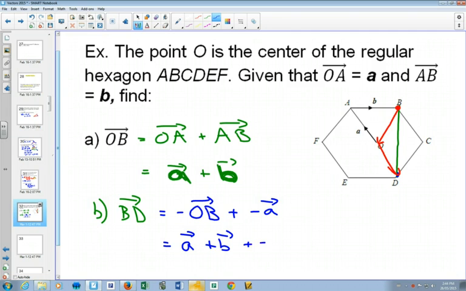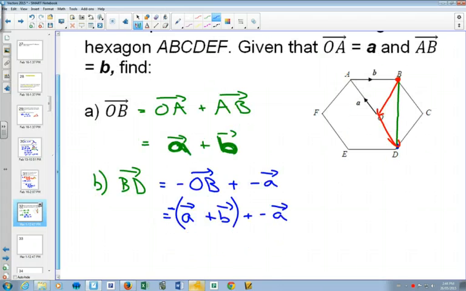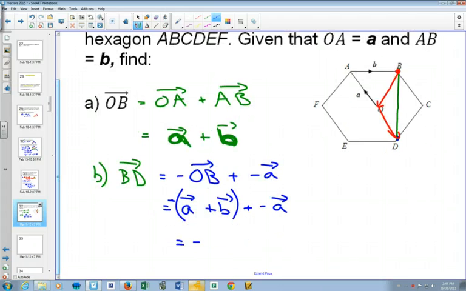Minus plus a negative A. Oh, and I forgot the negative in front here. Thank you. I was like, something is going wrong here. So then we're going to get negative 2A's plus B. Plus or minus, yeah, minus B.